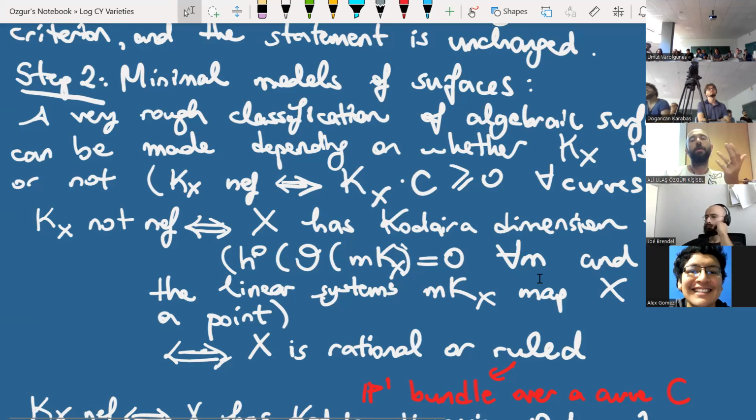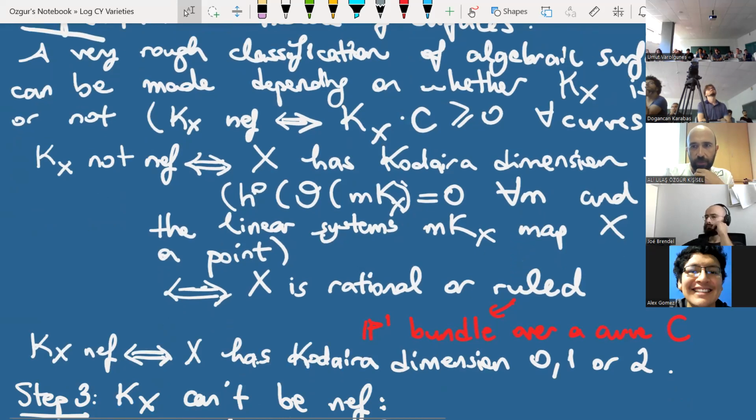And then the pluricanonical system, so-called, so the multiples of the canonical class, don't give you any interesting maps. You just get the 0 section. And this case can be classified further. So this Kodaira dimension minus infinity case just contains rational surfaces or so-called ruled surfaces, which are essentially P1 bundles over a curve C.